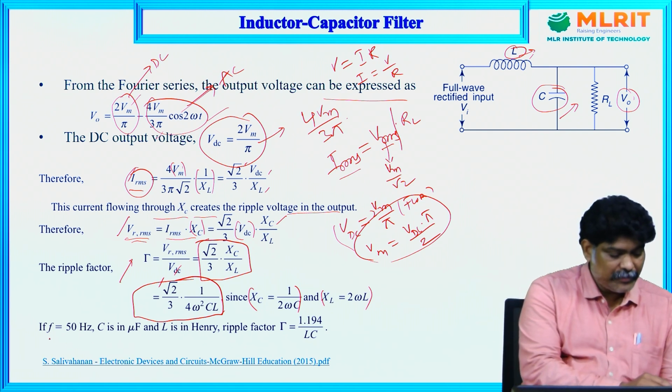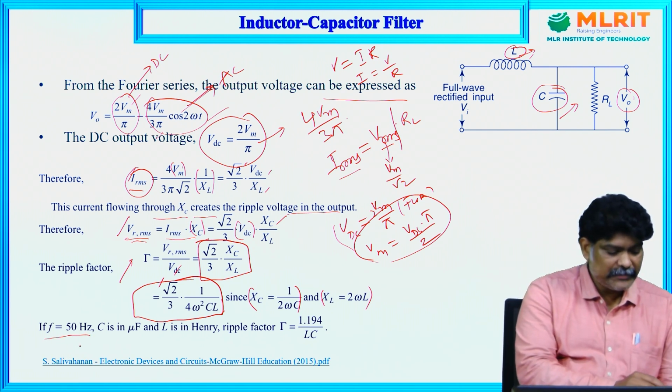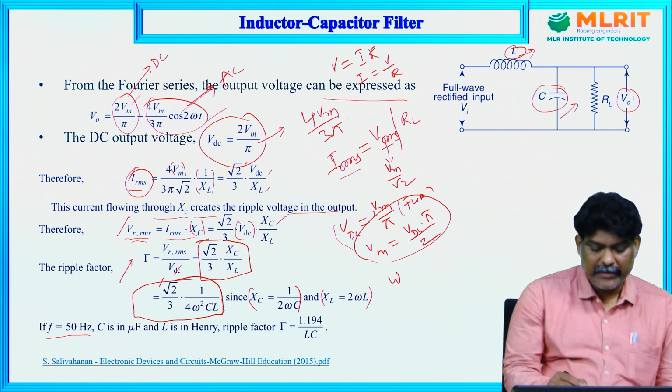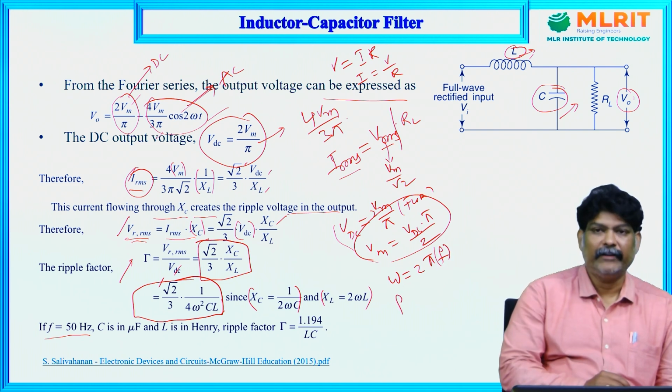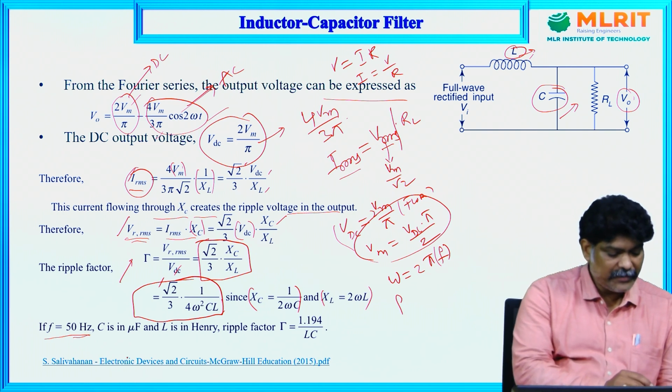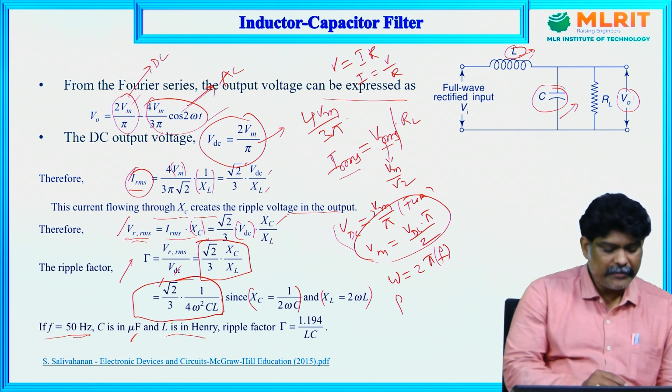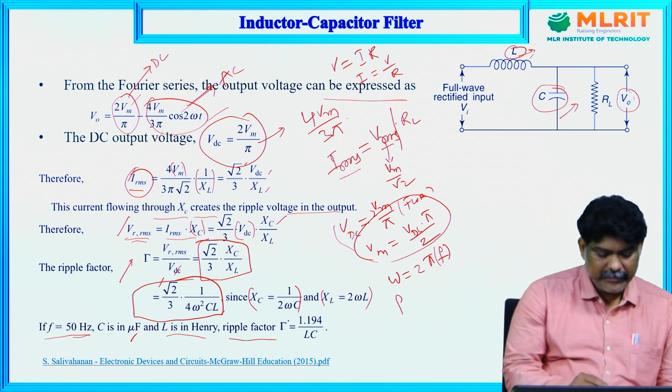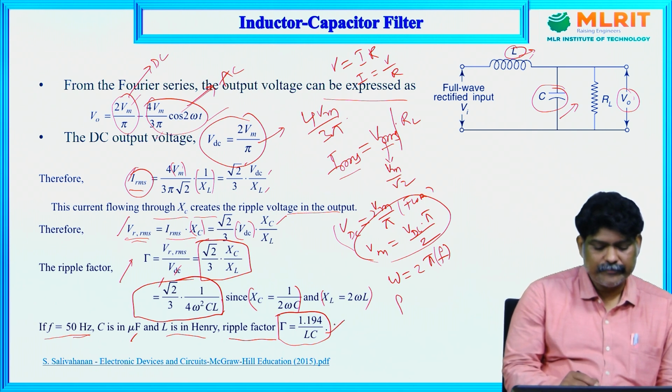So for example, if you analyze further, let us consider frequency is 50 Hz. We know omega is equal to 2 pi f, so f is equal to omega by 2 pi. So with f equal to 50 Hz, and C measured in microfarad and L in henries, the ripple factor can be simplified as rho is equal to 1.194 by LC.